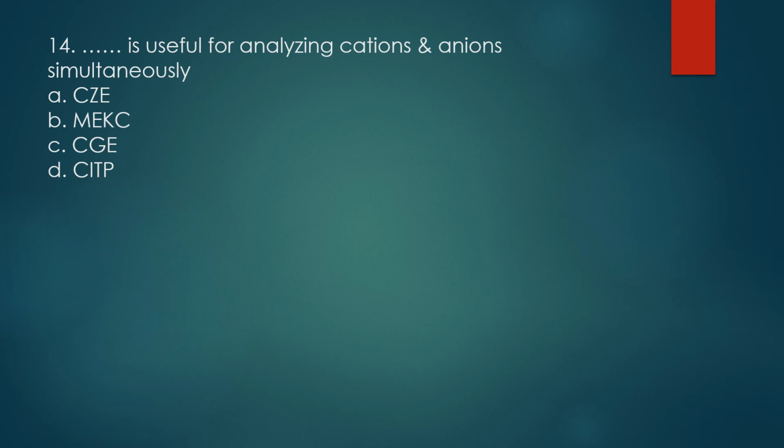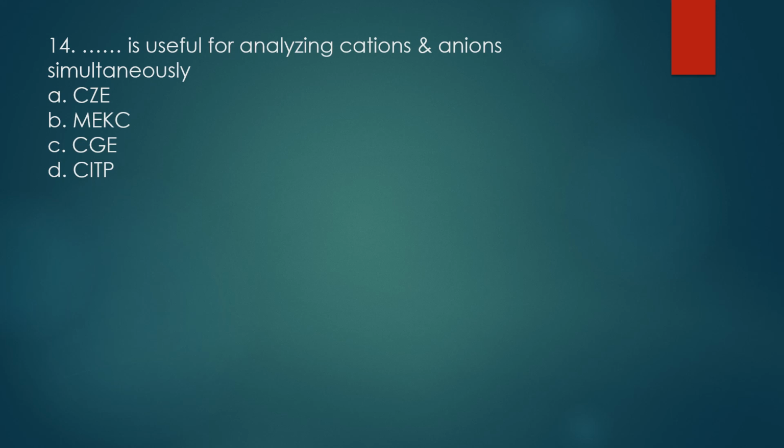MCQ number 14. Dash is useful for analyzing cations and anions simultaneously. Option A is CZE, that is capillary zone electrophoresis. Option B, MEKC, that is micellar electrokinetic chromatography.